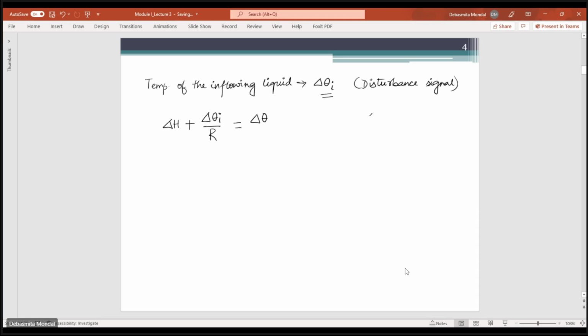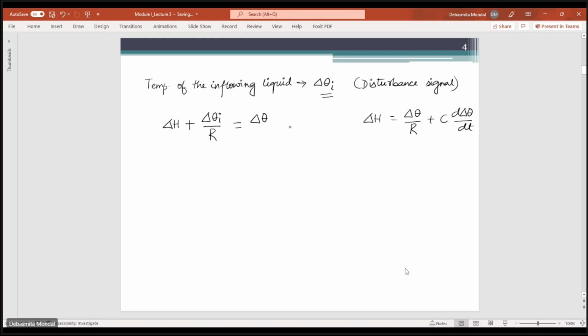Previously our equation was delta H equals delta theta by R plus C d delta theta by dt. Now, since the temperature of the input fluid is changing, there will be a contribution of this temperature change on the overall heat.